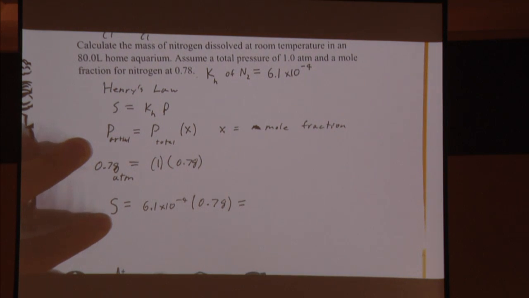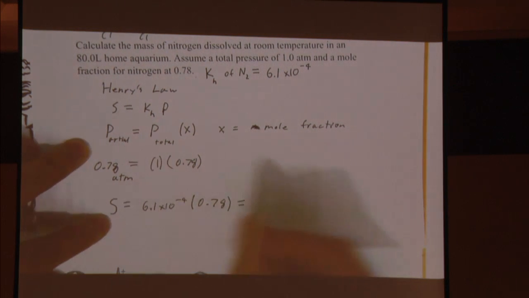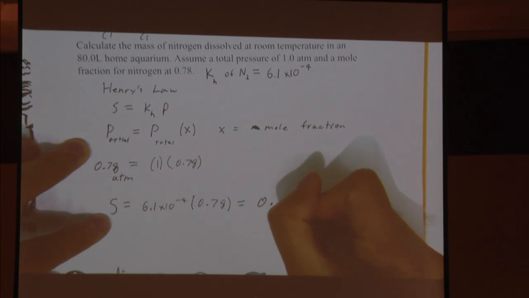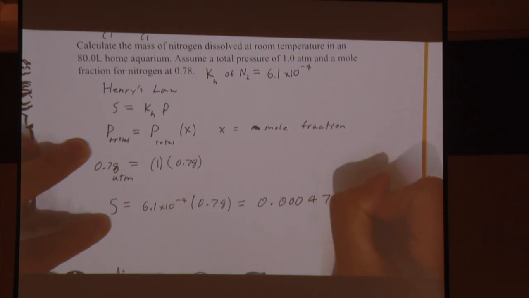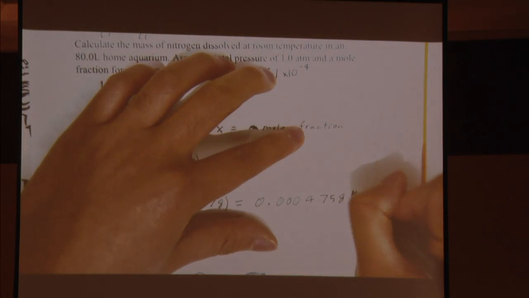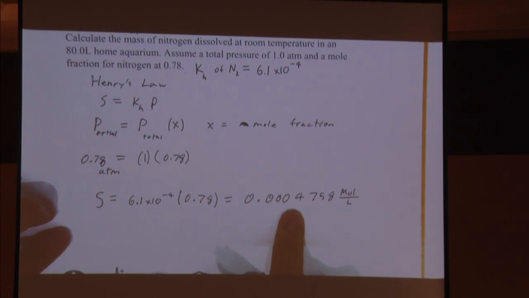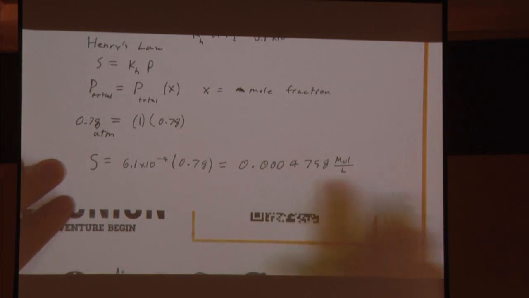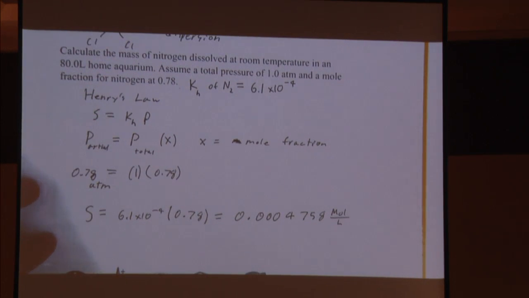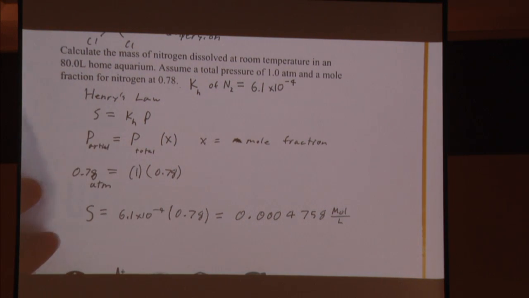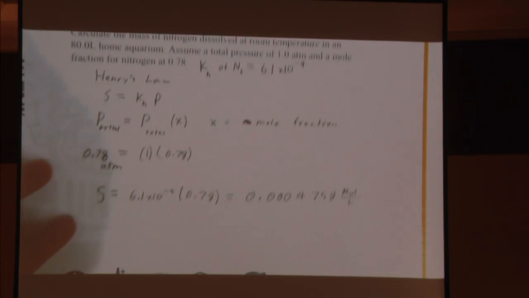And that gives us this molarity. Now this is in moles per liter, and we have an 80-liter home aquarium, so we need to take this and multiply that by 80.